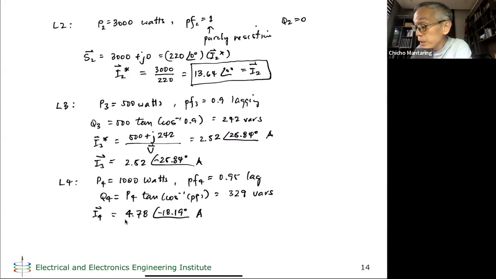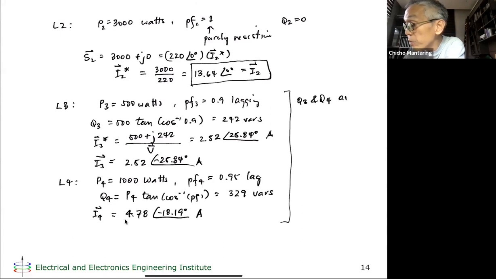Okay. Q3 and Q4 are positive because your power factor is lagging.